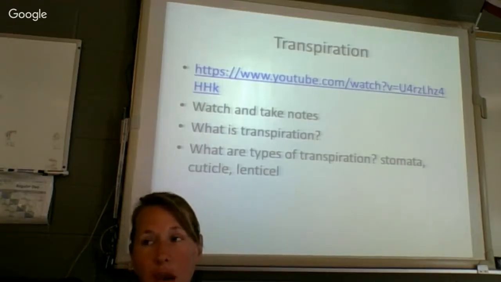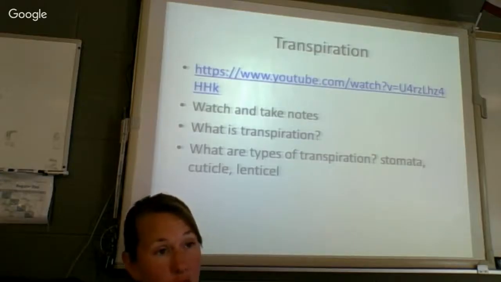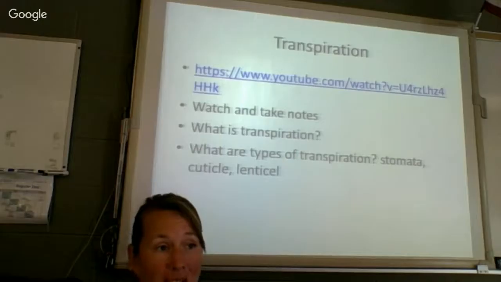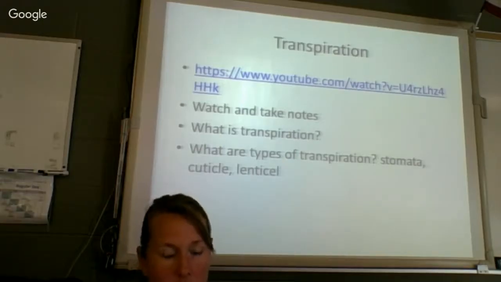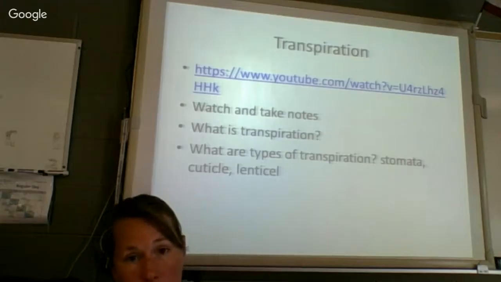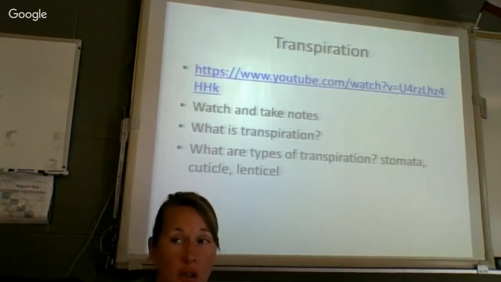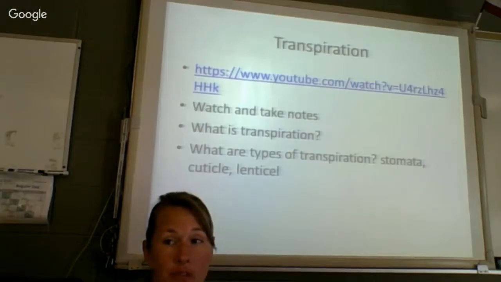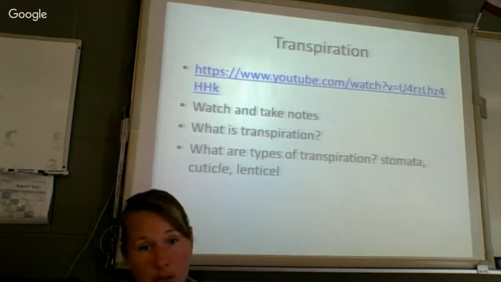If you know the definition of evaporation, it's when water vapor moves out of the Earth's surface into the atmosphere. Take that definition, switch Earth's surface to plants. So taking water vapor from plants into the atmosphere is transpiration.